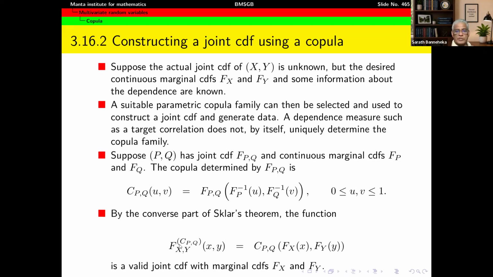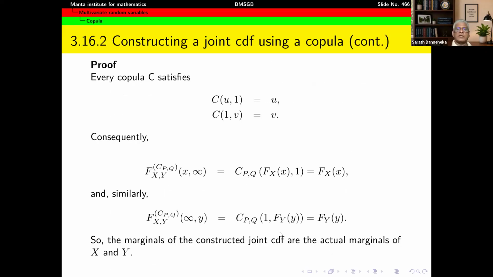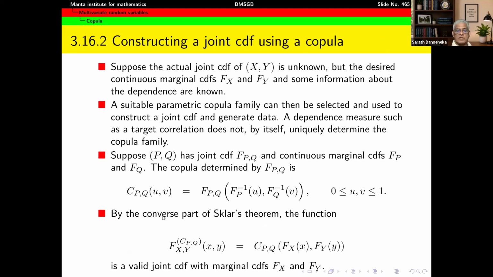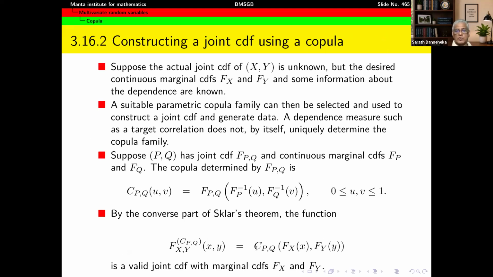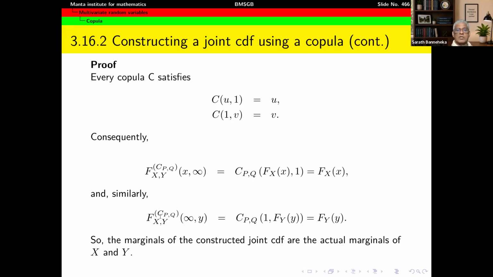Now let's consider this quantity. For any copula, it's a well-known property, and you can prove it, that if you put one argument equal to one, which corresponds to infinity here, then you get C(u, 1) equal to u and C(1, v) equal to v. So this result should be valid for our copula C(P, Q) also.